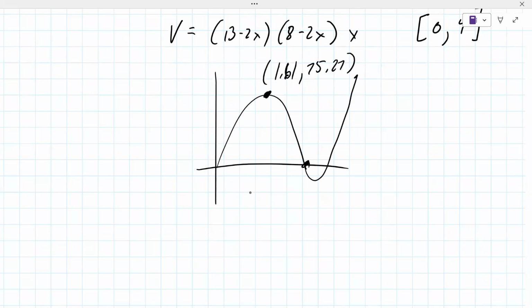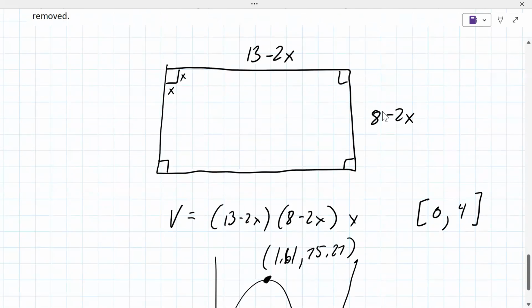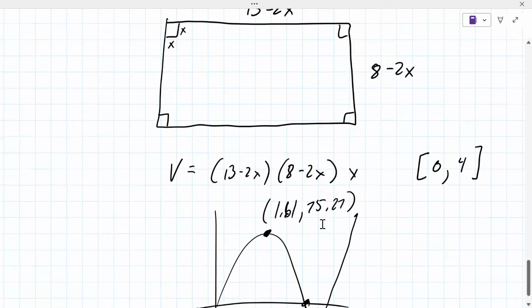Okay, very good. So the x is the actual cutout piece. The 75.27 is the volume. That's what's on the y-axis.